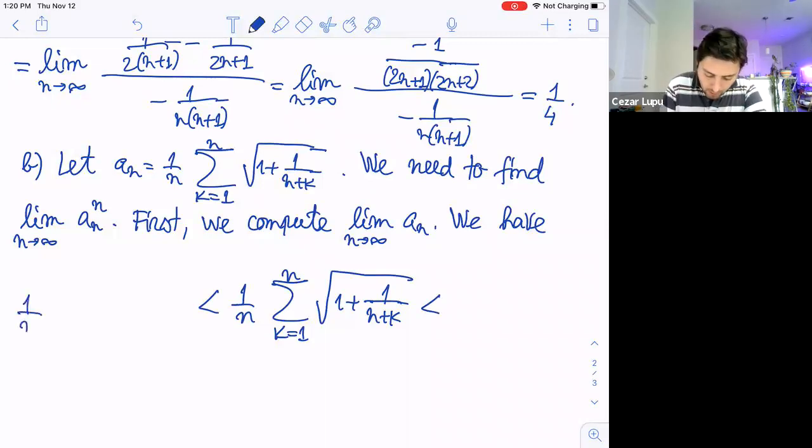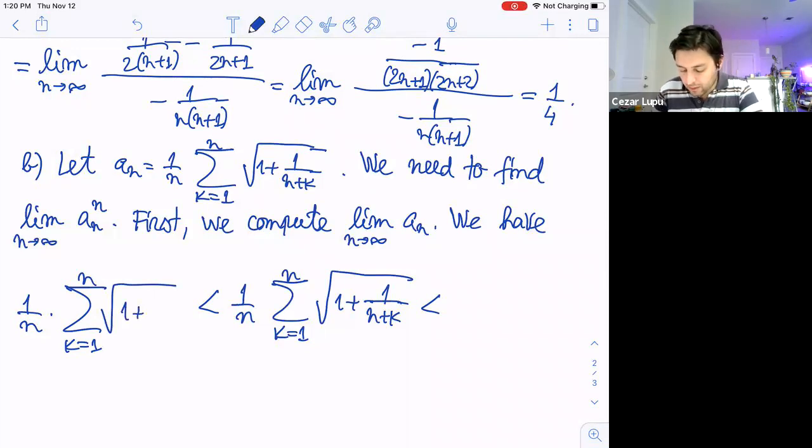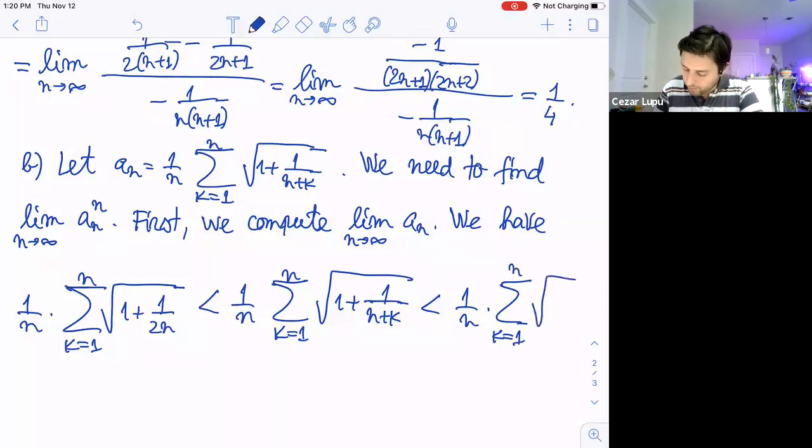Let's here put 1 over n times the first term, the square root of 1 plus, and now let's be careful, k equals n, right? 1 over 2n. And here I have 1 over n times the sum, the square root of 1 plus 1 over n plus 1.